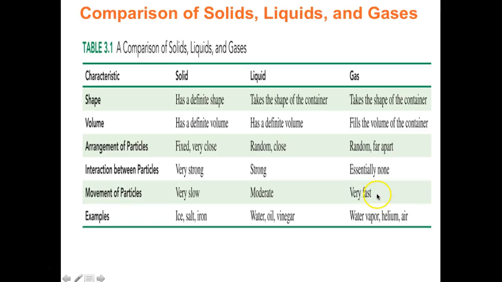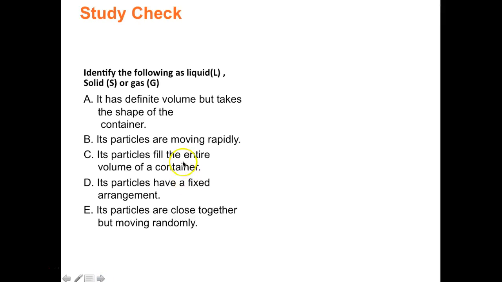The particles are in constant motion and moving rapidly. So anything that is oxygen, air, nitrogen, helium, water vapor, anything that is in gaseous state at room temperature would be examples.